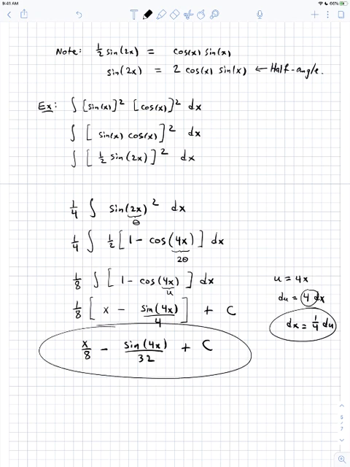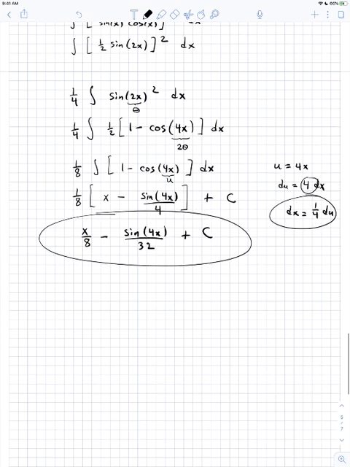And that's how you solve these problems that are products of sine and cosine, or powers of them. Similar techniques sometimes work if you have integrals involving tangents and secants.